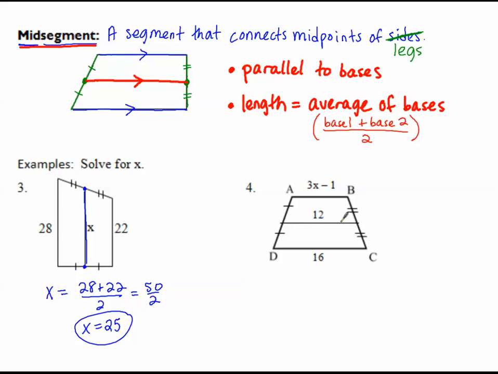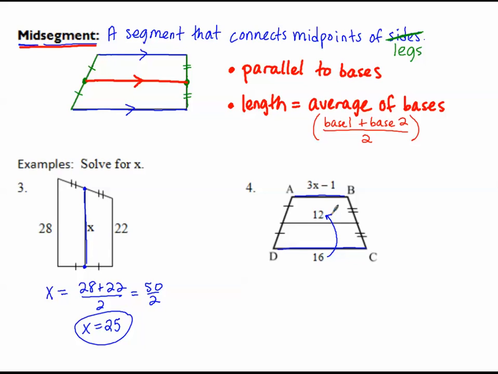This time I already have the midsegment. So think about how are we going to find this length right here? Well, remember that 12 is right in the middle. It has to be exactly in between this length up top and this length down bottom for the other base. Well, a couple ways we can do this. One way perhaps to think about it is to go from 16 to 12.